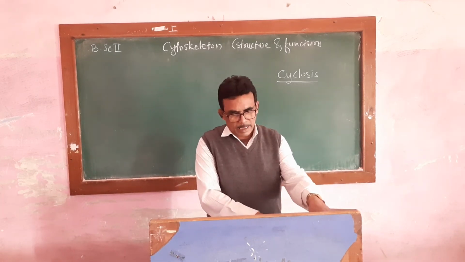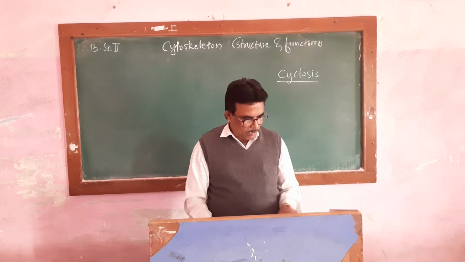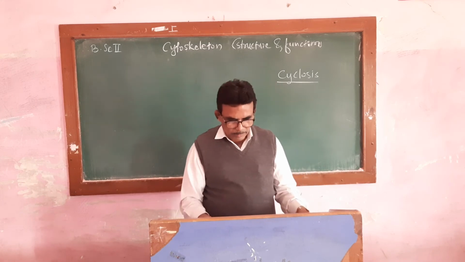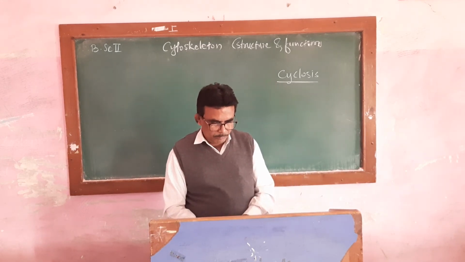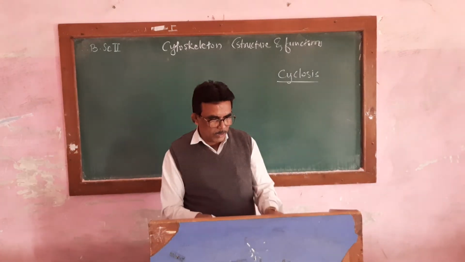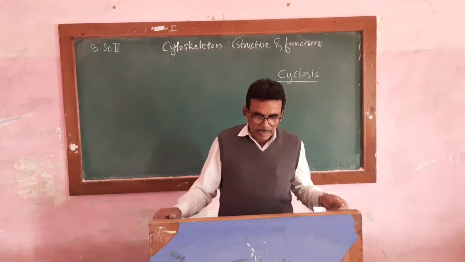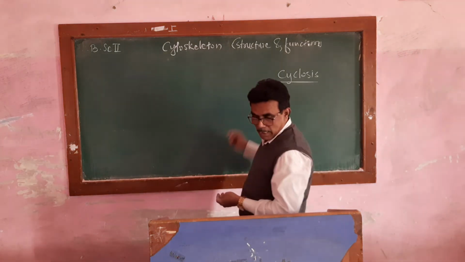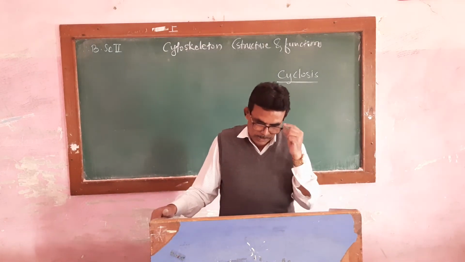So likewise here, there are important structures. You have studied the microtubules and microfilaments, which have different functions. The microtubules have different functions, that is particularly transportation of water, ions and small molecules.